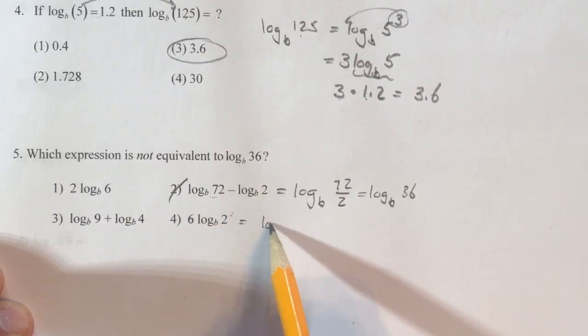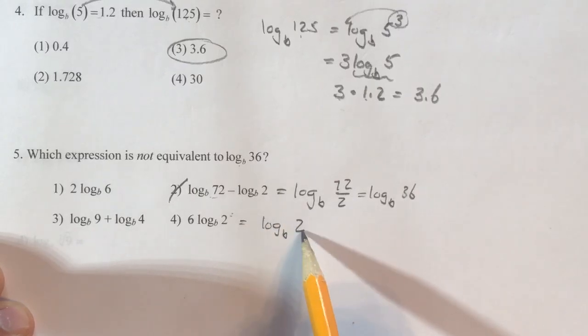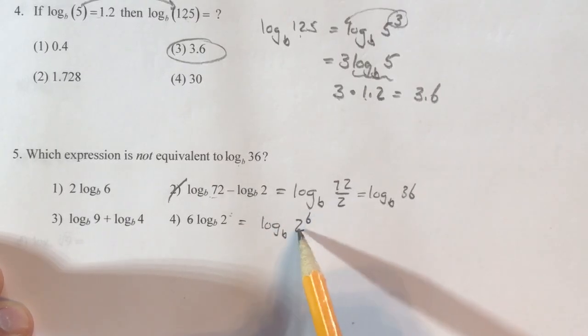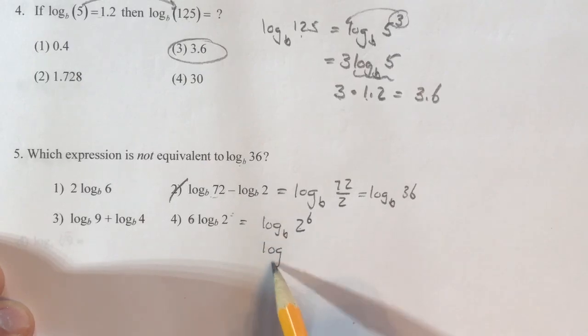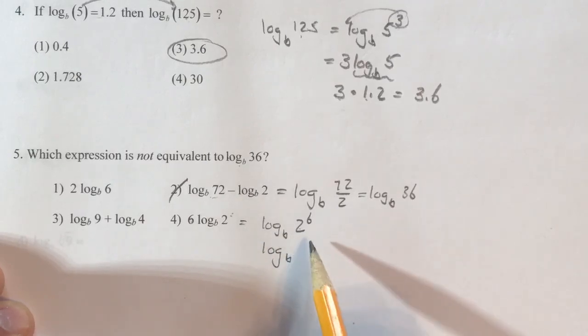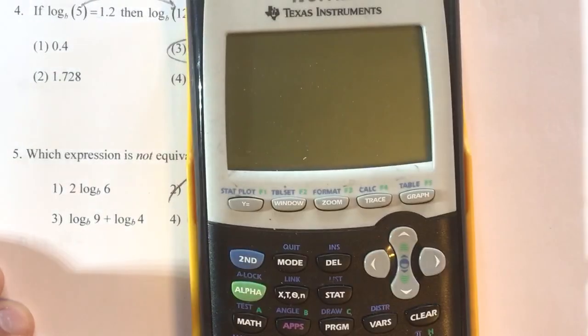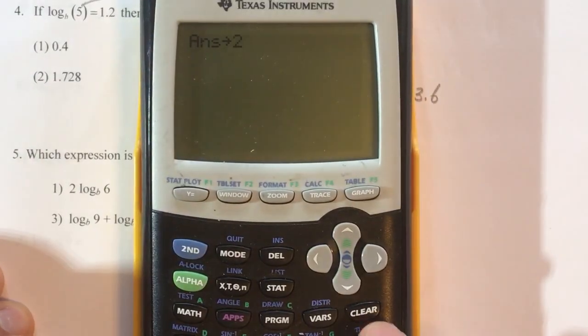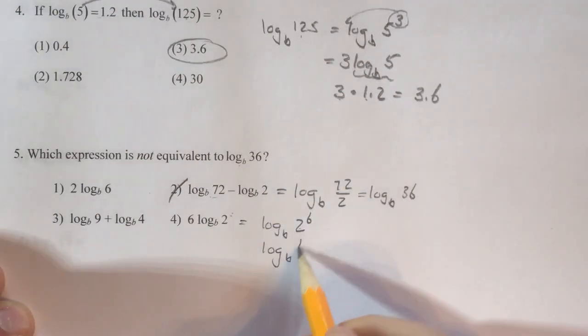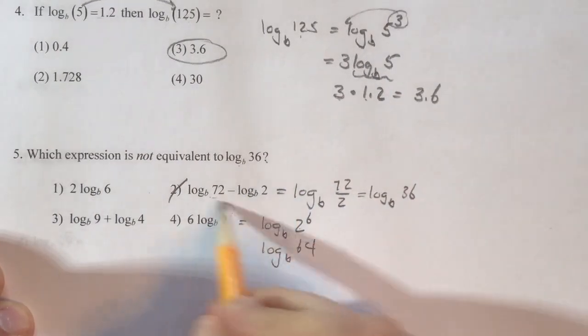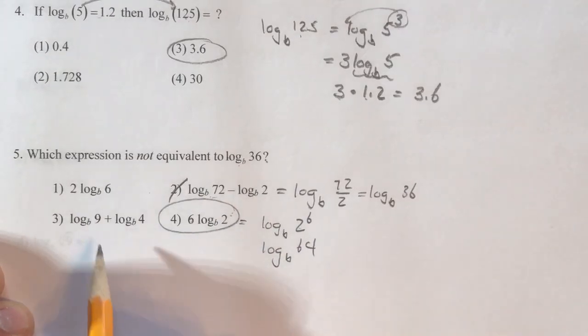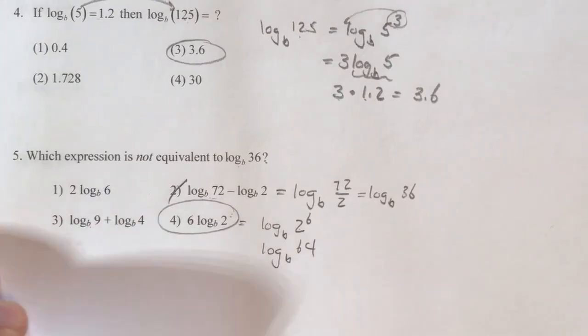This is log base b of 2 to the 6 power. What is 2 to the 6 power? I gotta think myself. 2 to the 6 power is, now let's use the calculator on that one. 2 raised to the 6 power is 64. So this is 64, not 36. So this one is not equivalent. The other ones would be if I checked them.